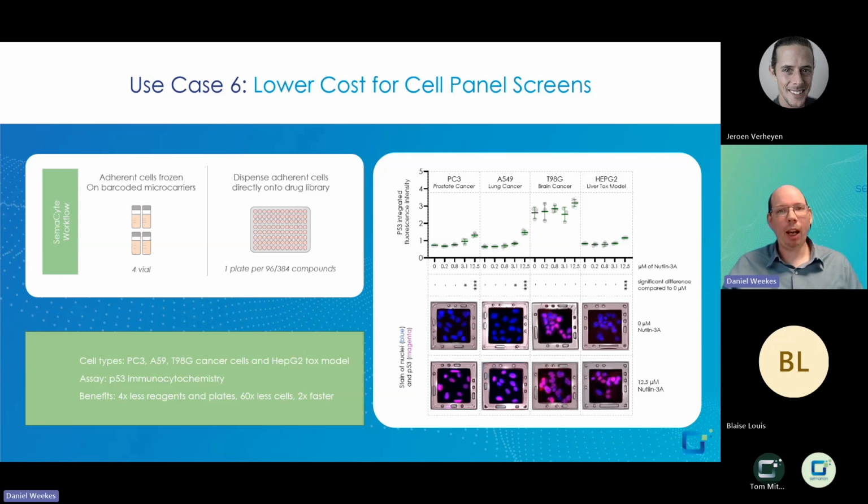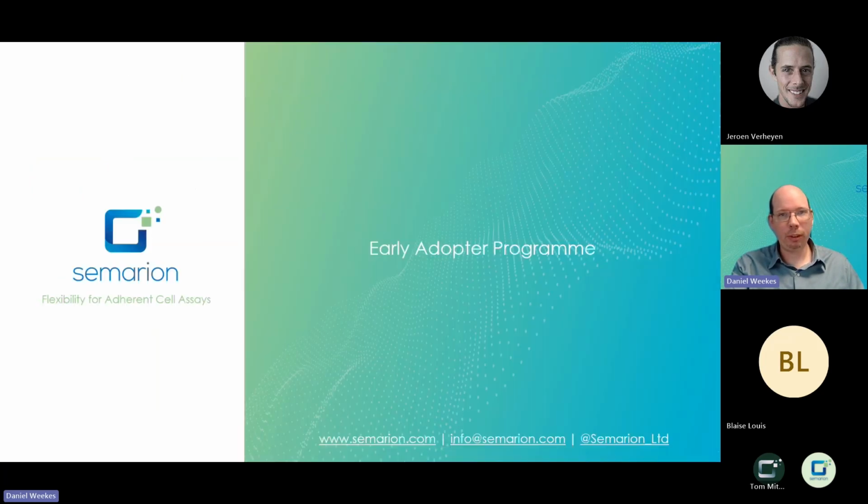And obviously, as you scale up the number of cell types, those savings would be even greater. So I've now demonstrated all our different use cases and how you can save time and cells and reagents by using the SemaCytes. Jerome is now just going to talk about our early adopter program.